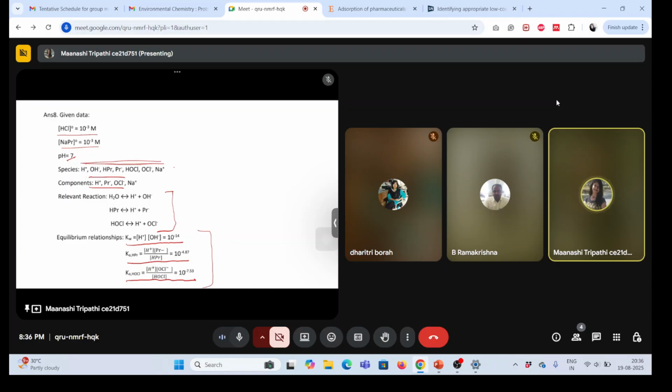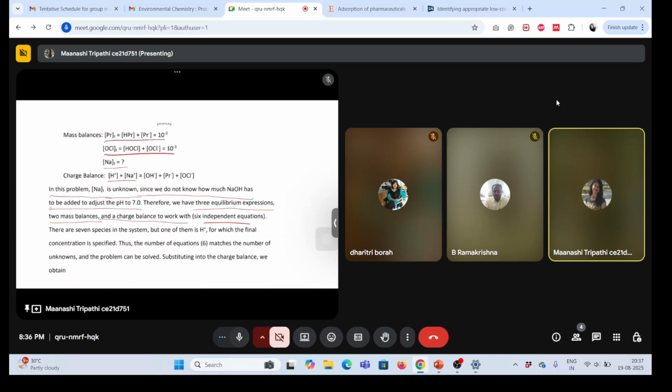So 7 minus 1, 6 unknowns. So to solve that, we need 6 equations. Those 6 equations are there, and one equation is coming from the charge balance. So there are 7 species in the system, but one of them has its final concentration specified. Thus, the number of equations matches the number of unknowns, and the problem can be solved.